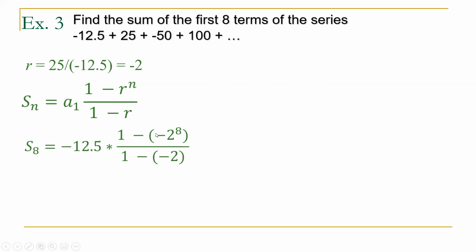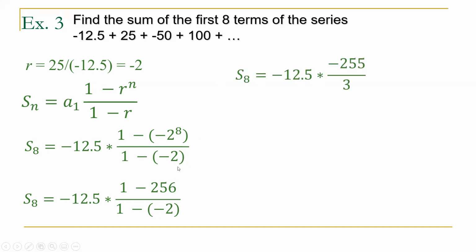Compute lang muna natin yung nasa loob ng parenthesis. Hanapin natin yung negative 2 raised to 8. So that is equal to positive 256. Then after that, isubtract lang natin si 1 minus 256 and 1 minus negative 2. And that is equal to negative 255 over 3. Bakit naging 3? Because minus or negative times negative is magiging positive. Kaya nag-add tayo. 1 plus 2 is equal to 3.